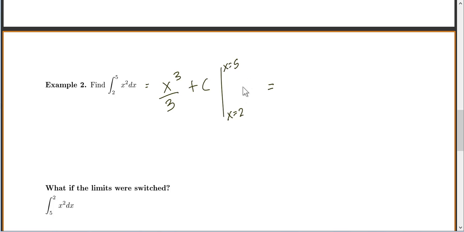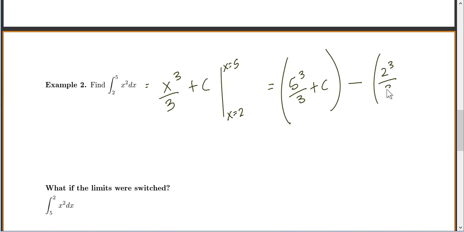What this means is we plug in the 5 first, so use some big parentheses: 5 cubed over 3 plus c. Now we do a minus and we plug in the lower limit: 2 cubed over 3 plus c. Notice what's going to happen with these c's. They will cancel because we have a plus c and a minus c, and they cancel every single time.